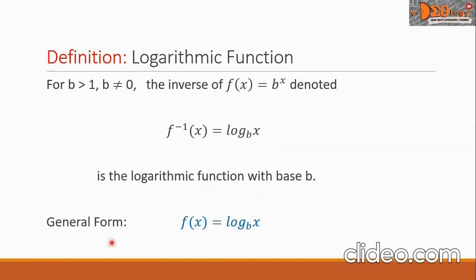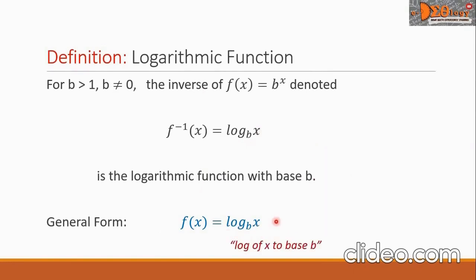The general form of logarithmic function is f of x equals log of x to base b. So in here, the inverse of the exponential function is the logarithmic function, and vice versa.